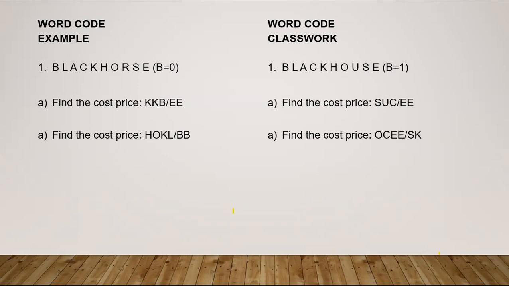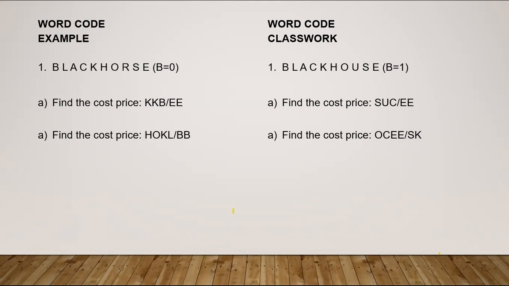A word code is a 10-letter word where the letters are not repeated, and behind each letter there is a number. For instance, here my first word is black horse, where B is equal to 0.